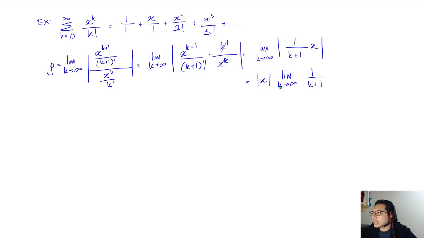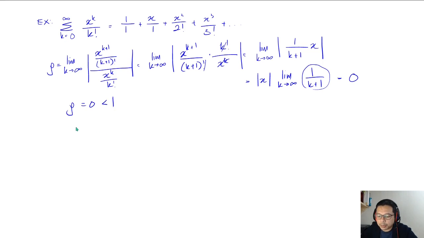Now as k goes to infinity, you know that this term will become really small, 0. So it doesn't matter what x is, this will become 0. So this is nice. Rho is 0, which is always less than 1.